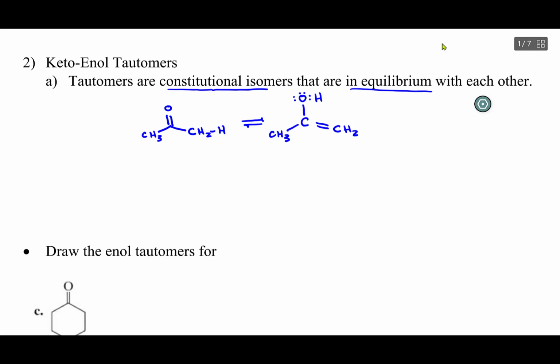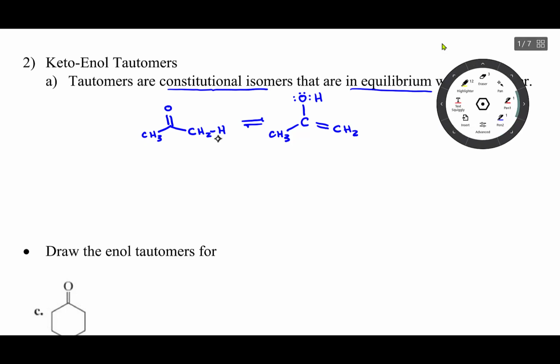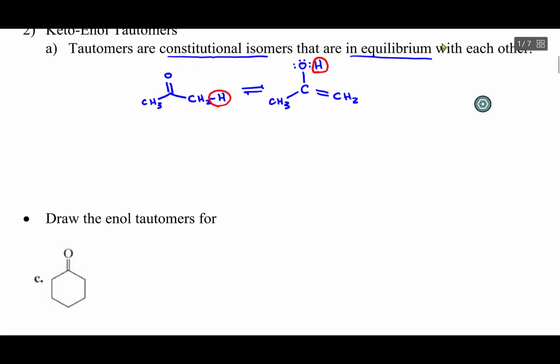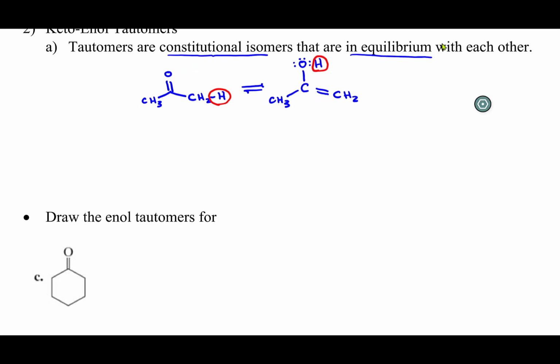So you can see that these are not resonance structures, because this hydrogen that's here ends up on the oxygen of the enol. And if you remember, in resonance structures, you can't have atoms moving. That's part of what makes tautomers different from resonance structures. So part of the question is going to be in a second, how do we know what those structures are? And the other one is how do they interconvert?